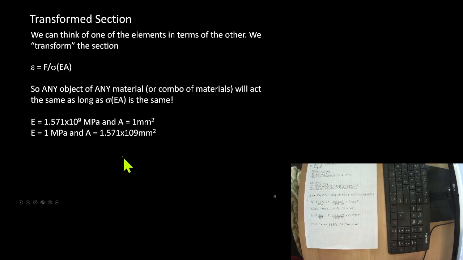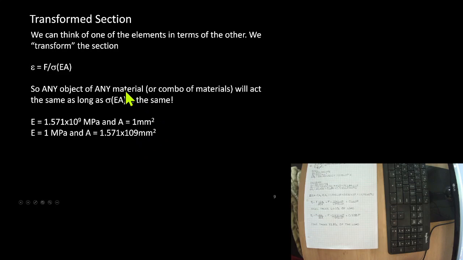So we could say that the total system was E of 1.571 and A was 1 millimeter squared. Or we could say it's equivalent to a system that has a material of 1 MPa and 1.571 times 10 to the 9 millimeters squared.